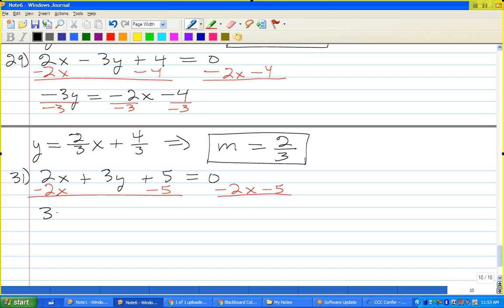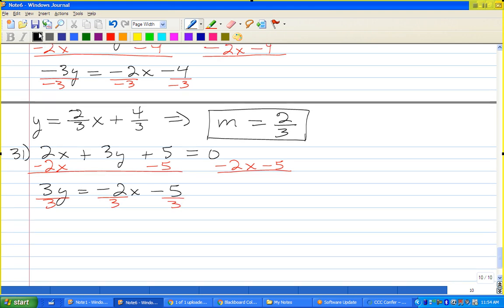And so 3y is equal to negative 2x minus 5. Divide everything by 3. And so I get that y is equal to a negative 2/3 x minus 5/3. So the slope of my line is a negative 2/3.